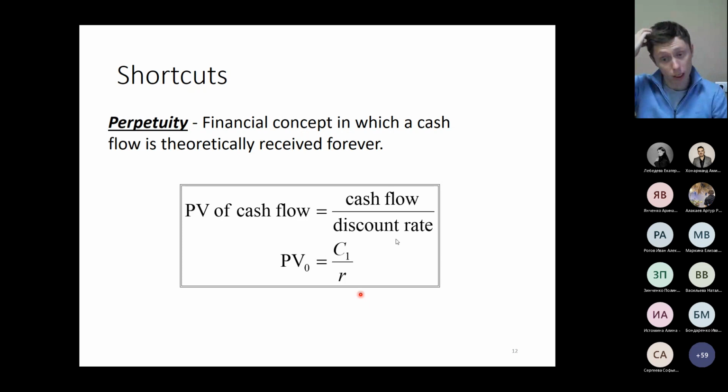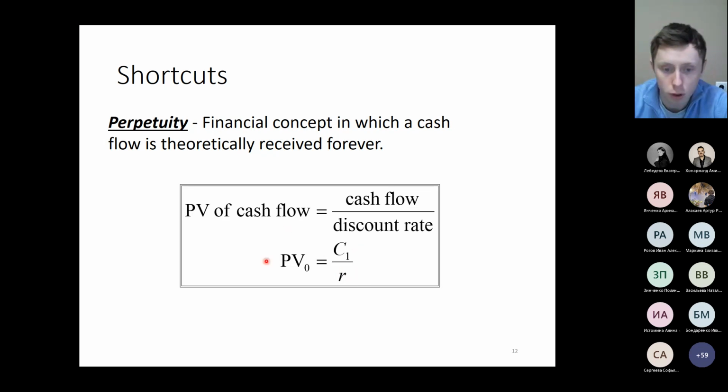So the first cash flow would already be discounted by the power of 1. Usually we talk about years. By default we talk about years, but it can be any time period, month, day, whatever. Just make sure the discount rate you use is appropriate. If we receive money every month, the discount rate should be monthly, and so on.